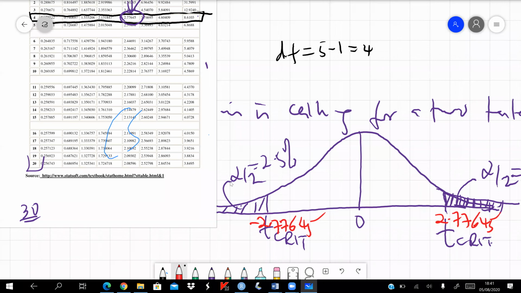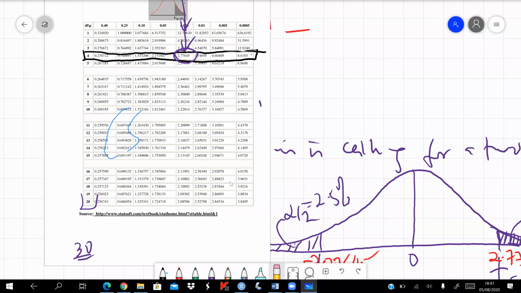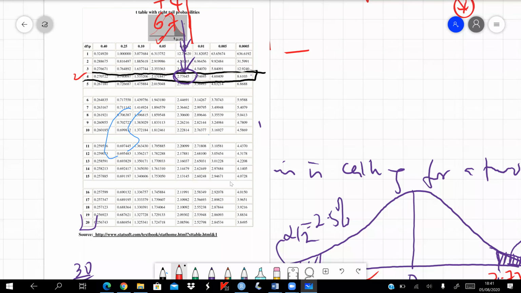If we were working with a one-tail test at 5% level of significance and 4 degrees of freedom, we'll work with this row, but now the upper tail will contain all the 5%.